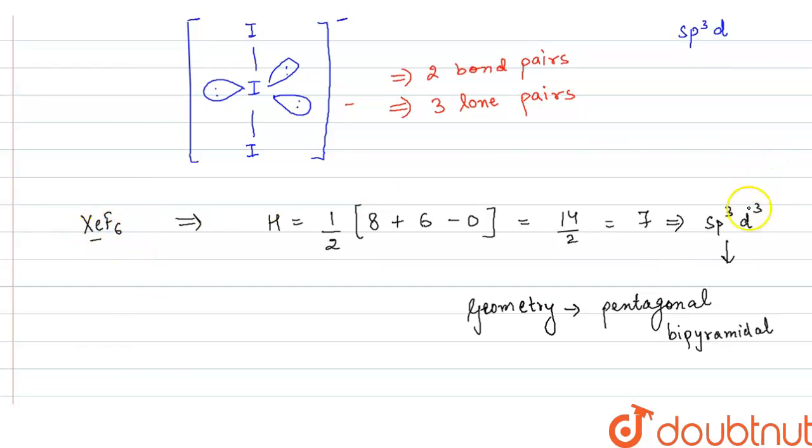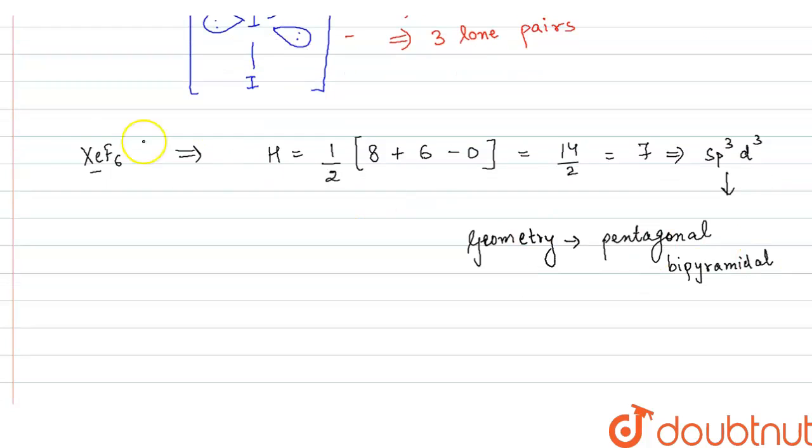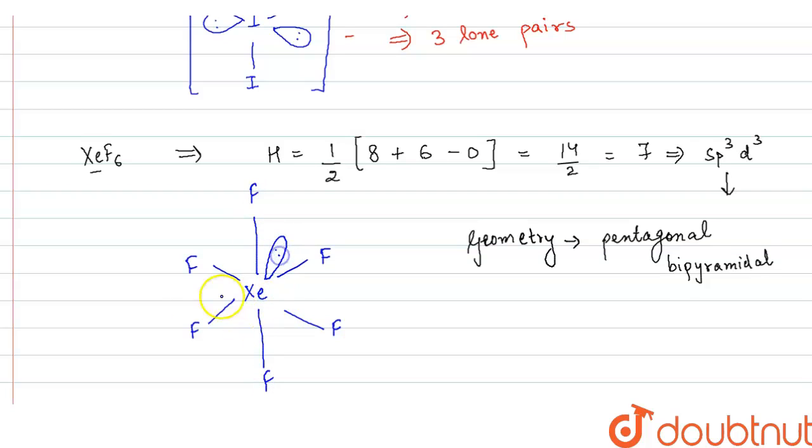So according to this geometry there should be 7 bonds, but there will be one lone pair. So the actual shape of this molecule XeF6 will look like this. We have Xe, then we have fluorine, and there will be a fluorine, and there will be one lone pair. So the actual shape will look like this.